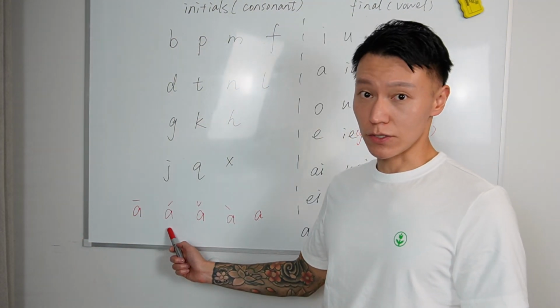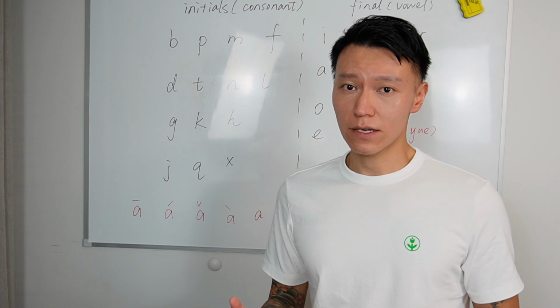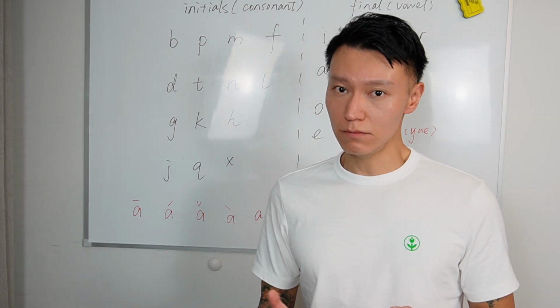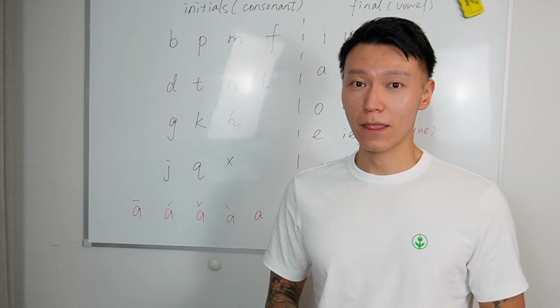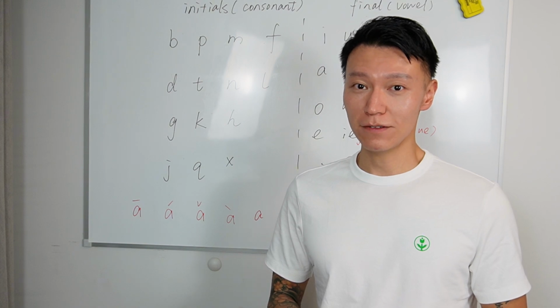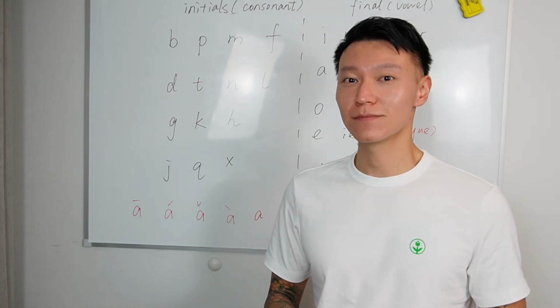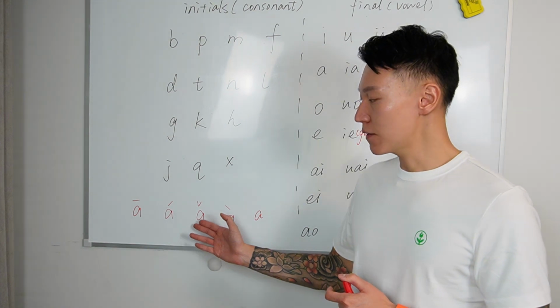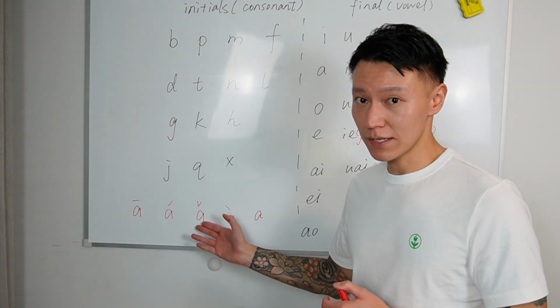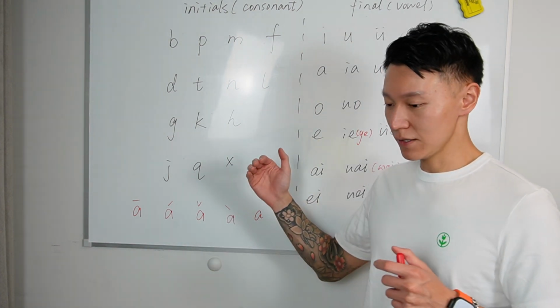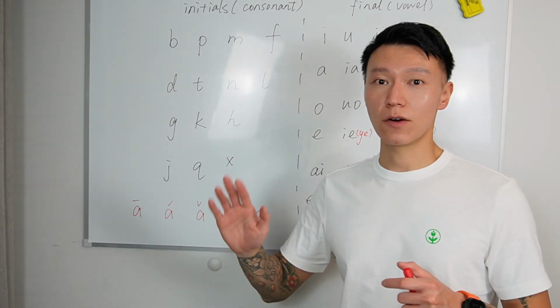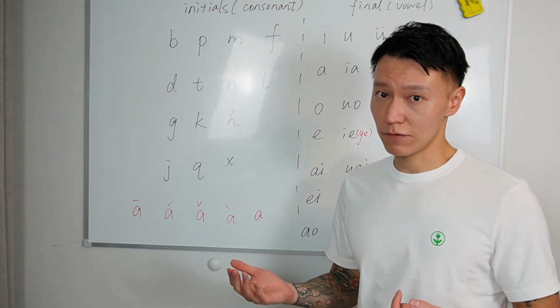Now let's look at the second tone. The second tone sounds like you're asking a question like, what? Okay, like what? Now let's look at the third tone. The third tone, as many textbooks mention, sounds like you have to go down and go up again. But I have a different understanding.